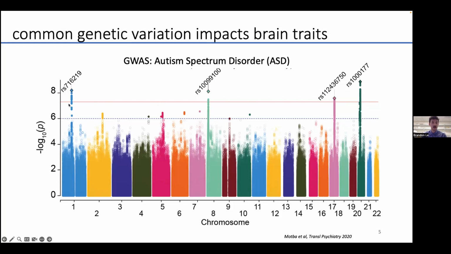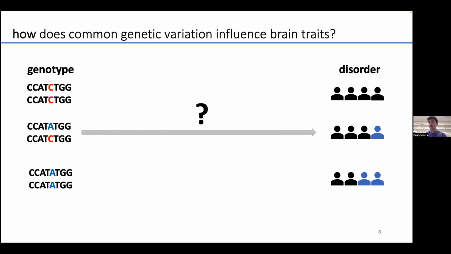We can identify where these variants are, but we really don't know from GWAS what they're doing. It happens that these variants fall mostly in non-coding regions of the genome, where it's really difficult to assign a specific function to what that variant is doing that could impact these traits. So this is a major question that I think GWAS results can't really get at.